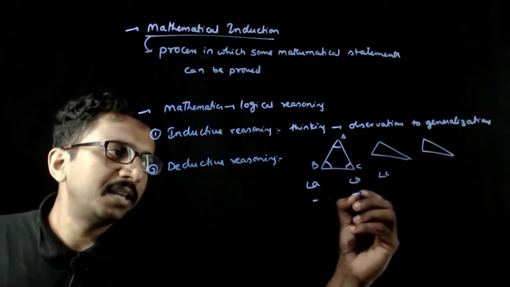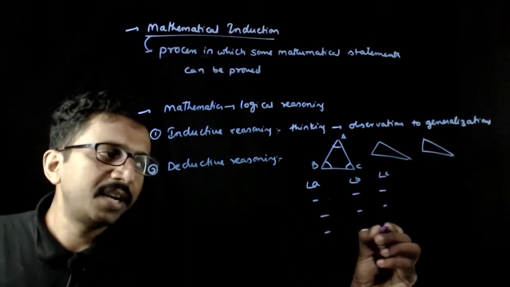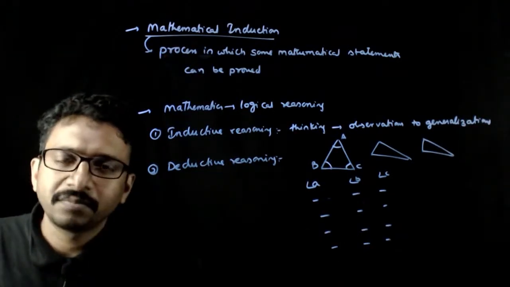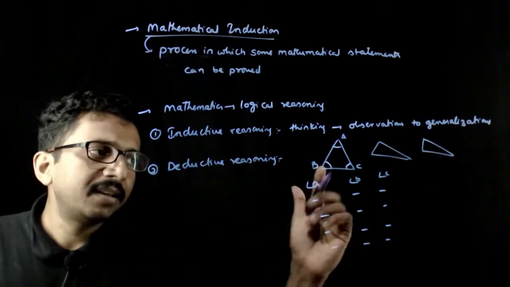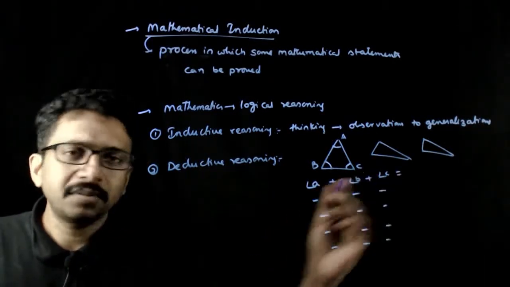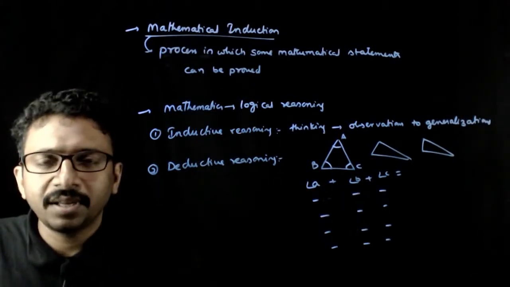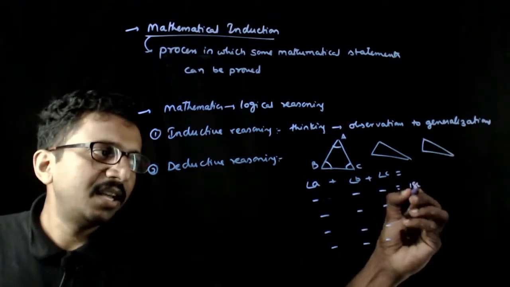So you get numbers here. For triangle 1 you have some numbers, for triangle 2 different numbers, for triangle 3 different numbers, and so on. Once you have all these numbers, let us add A and B and C to find the sum of angles of a triangle. You might observe that this is equal to 180.